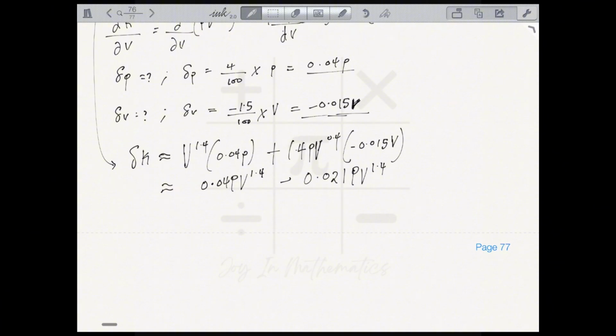Let us factorize with PV raised to power 1.4, and then we have 0.04 minus 0.021, and this will give us PV raised to power 1.4 into 0.019.